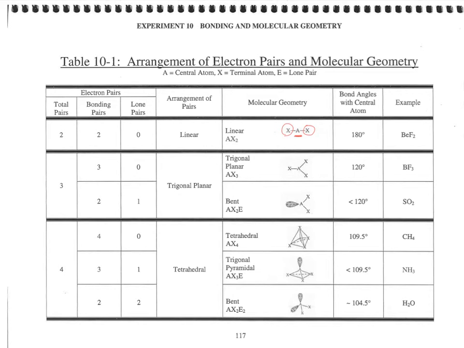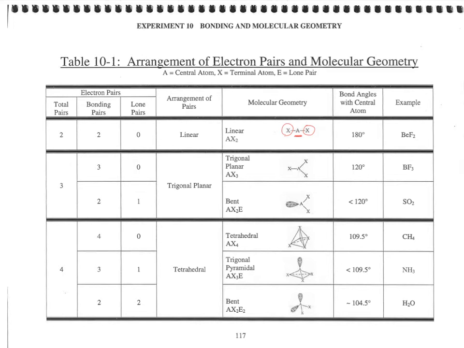It doesn't necessarily tell us what kind of bond we have. It can be a single bond between A and X, a double bond, or even a triple bond. But in this scenario, we have no lone pairs, so two bonds give us an AB2 or AX2 configuration. The molecular geometry is linear.